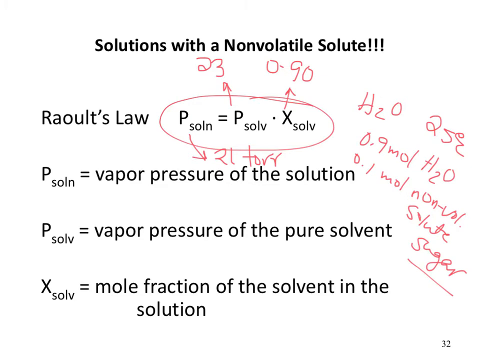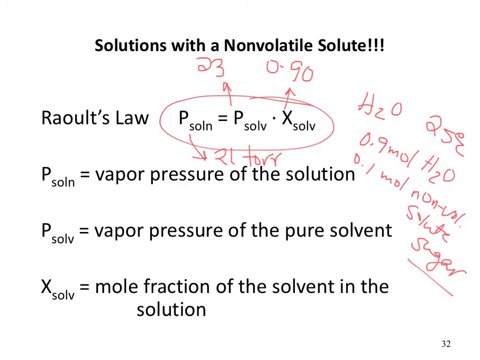So the vapor pressure lowering, which is the difference between the vapor pressure of the pure solvent and the solution, this lowering is dependent on the mole fraction of the solvent that is present.